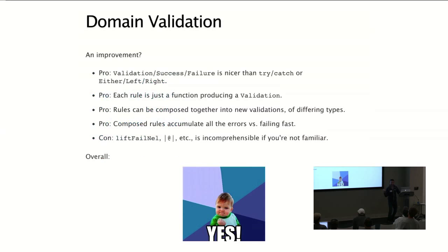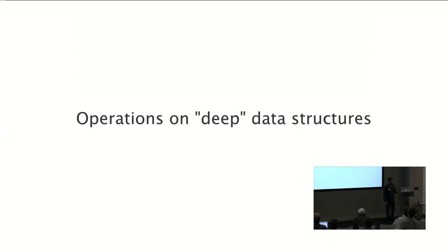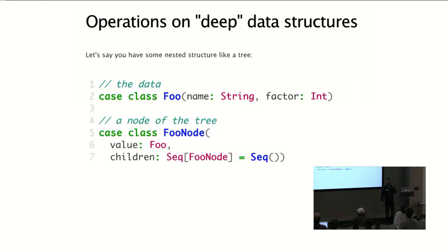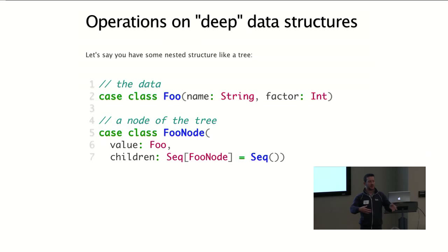Yes. Validation. Operations on deep data structures. It's a fancy title for something not fancy at all, but I couldn't think of a better title. The motivation is that because we're in Scala, we like to do things on immutable data structures. So we end up making case classes that contain other case classes, because it's easy to make classes with case classes, they're immutable, and they have this nice auto-generated copy method.